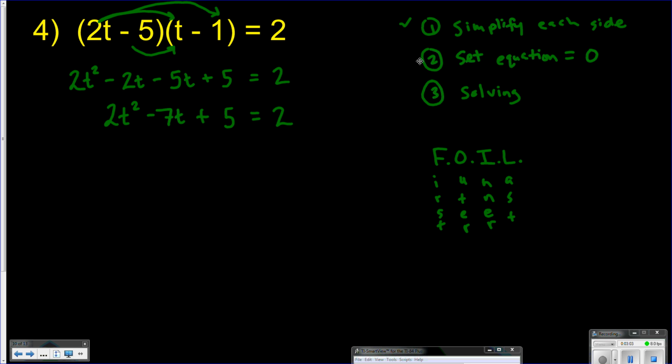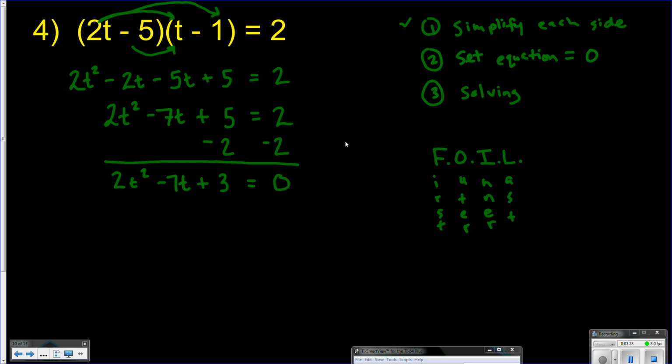So now we need to set the equation equal to 0. It'll make sense just to go ahead and subtract 2 from each side. So we're going to end up with 0 equals 2t squared minus 7t. And then 5 minus 2 is going to give us plus 3.